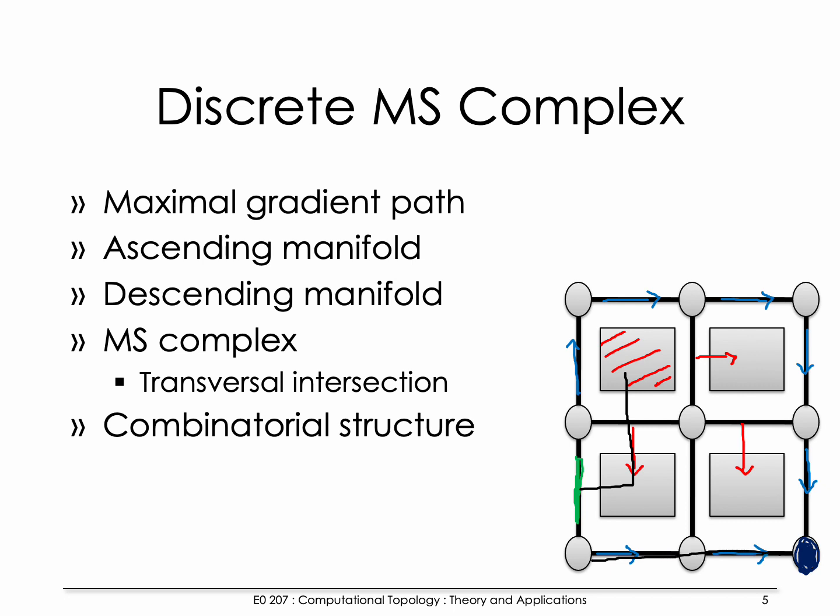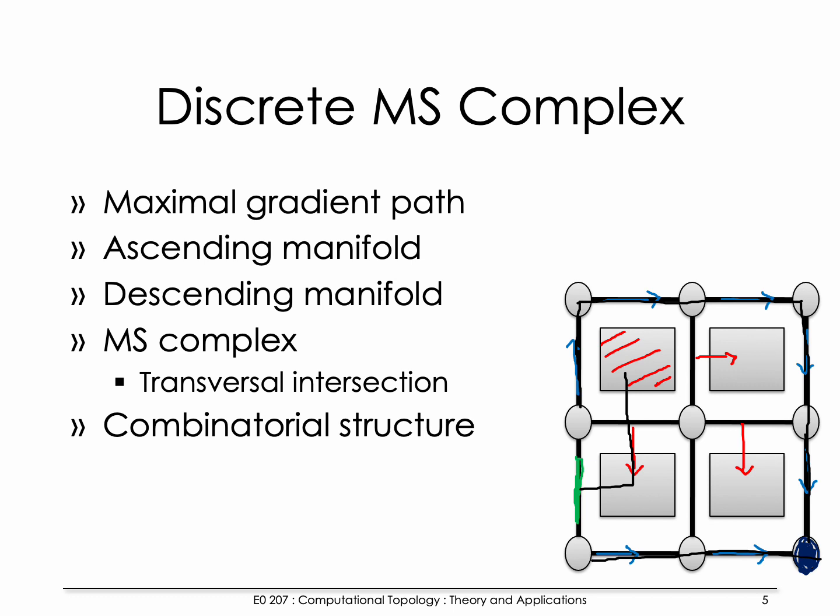Let's try to draw that here. The saddle via a second route connects to the minimum, that is also a descending manifold. The first manifold that we drew was the ascending manifold from the saddle.